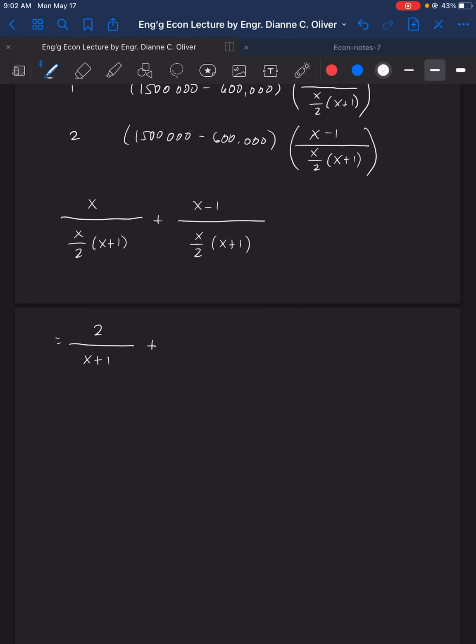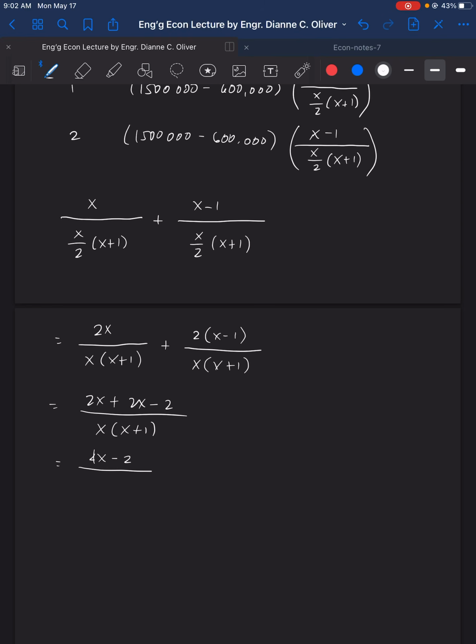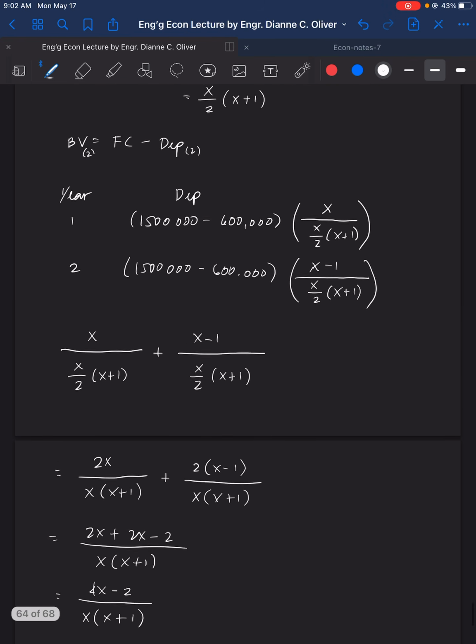Okay, so let's just leave the x there. So 2x over x plus 1 plus 2x minus 1 then x plus 1. So this becomes 2x plus 2x minus 2 all over x plus 1. So this becomes 4x minus 2 all over x plus 1. Okay, so that's how it is.